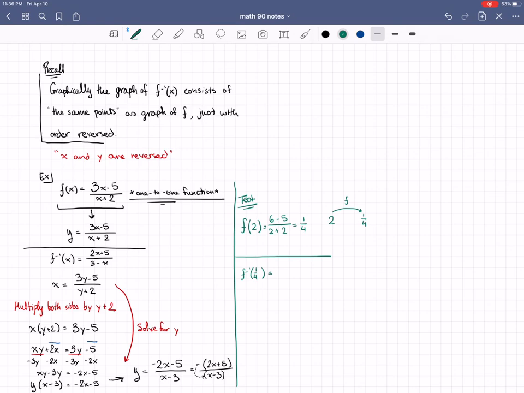Okay, here we go. We have f inverse here, right? We've worked it out. It's 2x plus 5 over 3 minus x. So we have 2 times a quarter plus 5 over 3 minus a quarter. 2 times a quarter is a half, so we have 5 1/2.